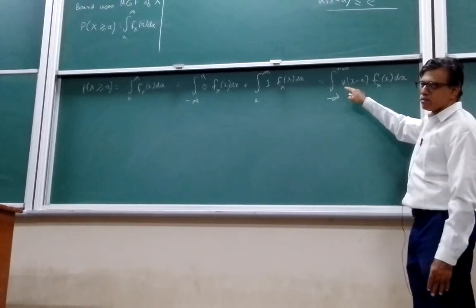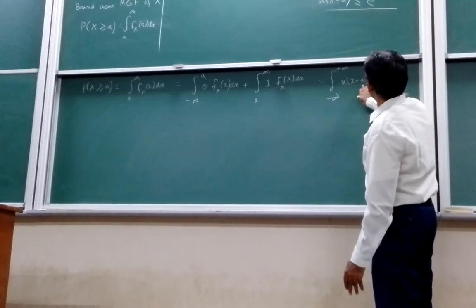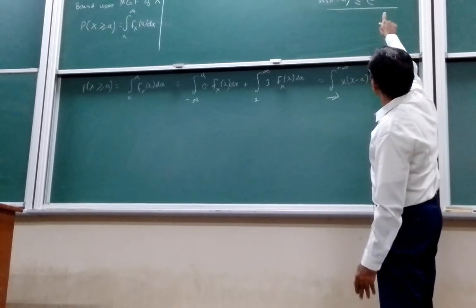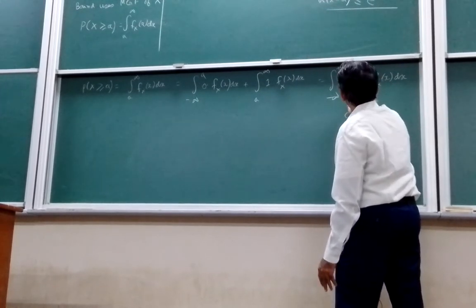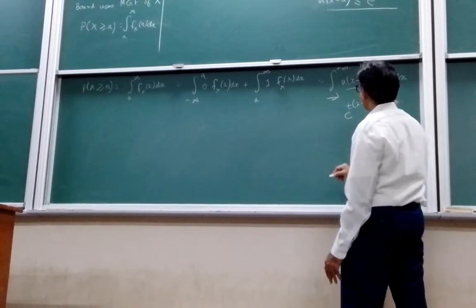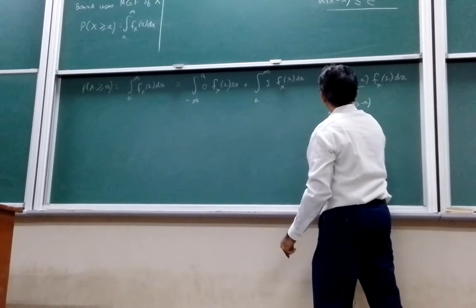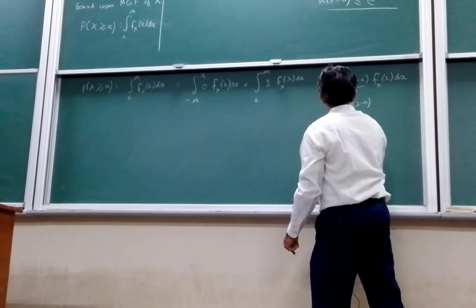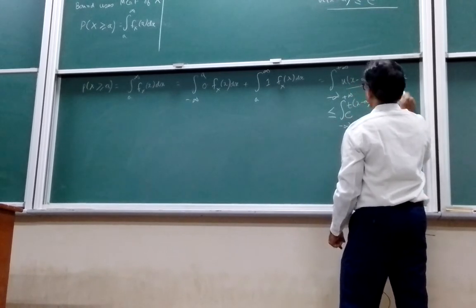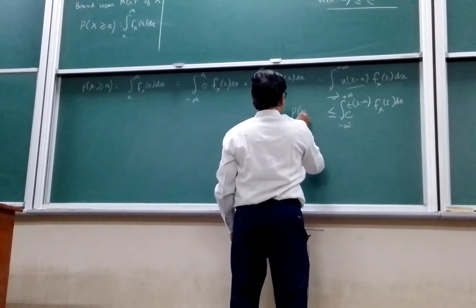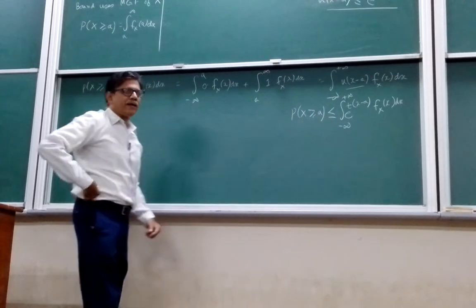Why are we doing this? Because now we are going to invoke this inequality. We know that this is less than or equal to this. So if I replace u of x minus a with e power of t into x minus a, then this will be larger than that. So we get this one.